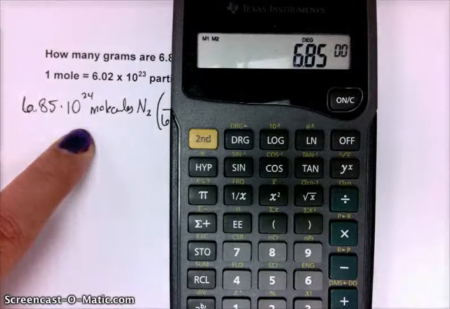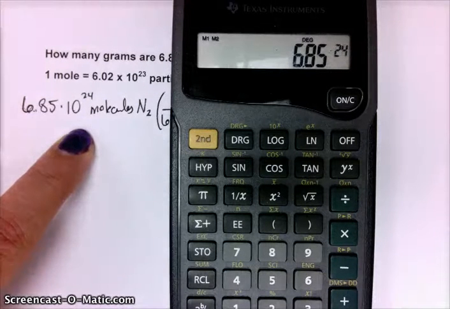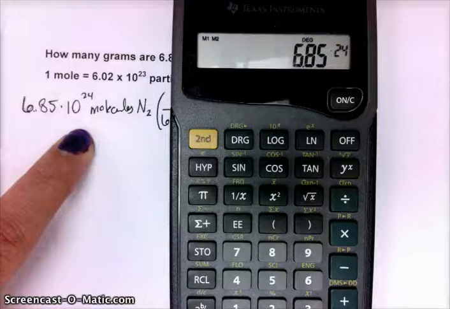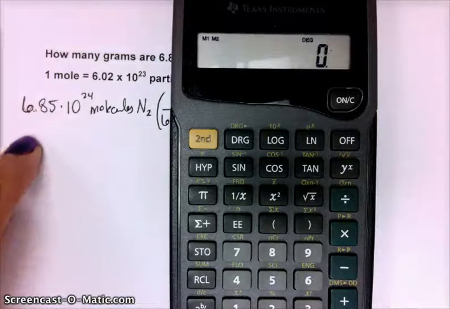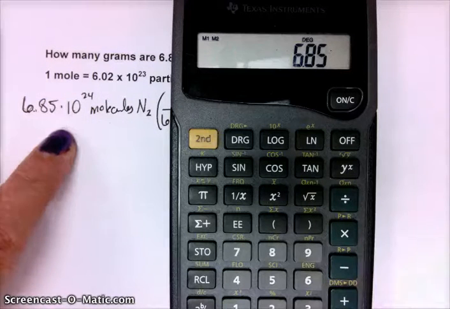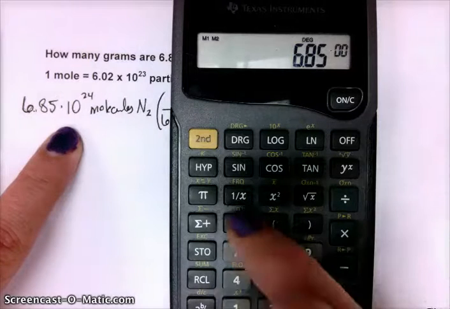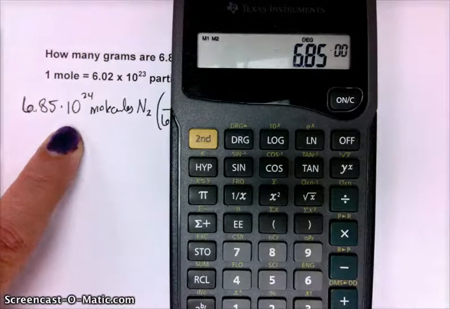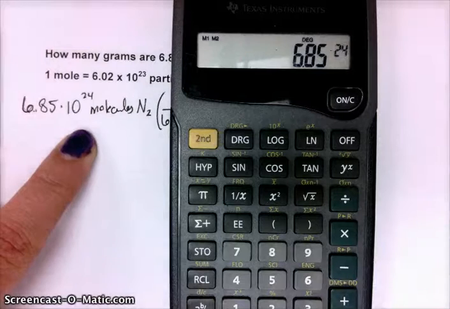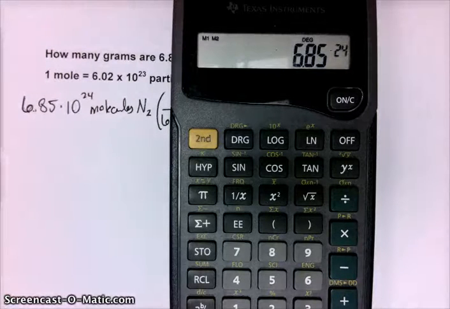And now we simply punch in 24. Notice I did not punch in times 10. I'm going to do that again. 6.85 times 10 to the is all wrapped up in the EE button. And now I simply punch in the 24. And that is how to correctly enter a scientific notation number.